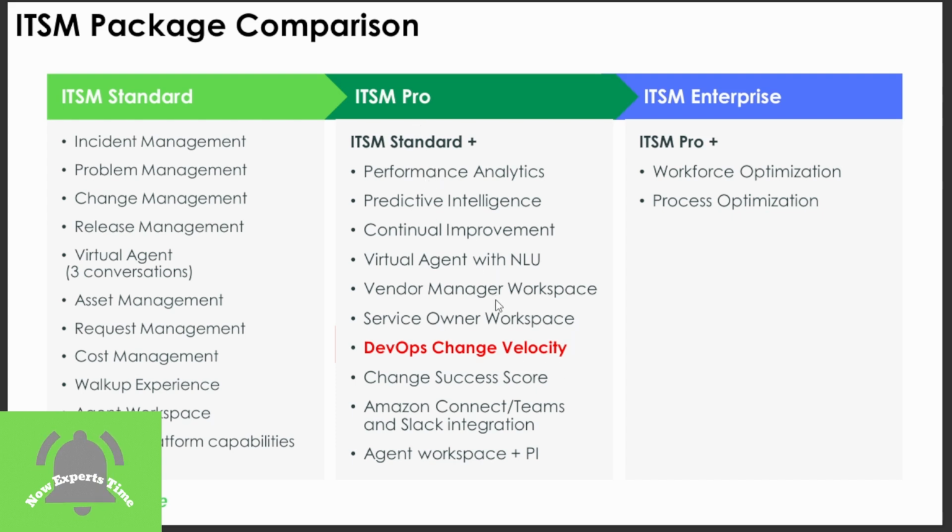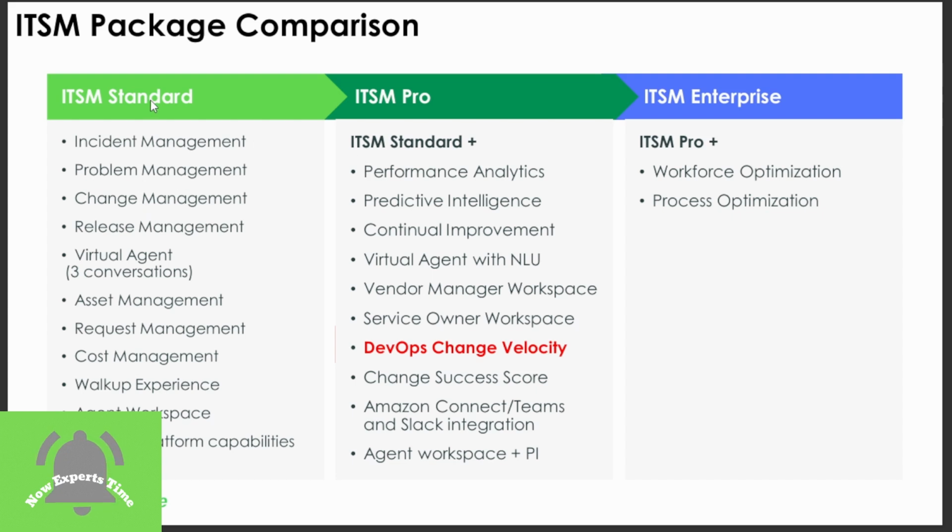The subscription that has that functionality is the ITSM Professional license. ITSM Standard doesn't have DevOps change velocity. ITSM Professional has it, or if you have ITSM Enterprise, then you also have it. These are the items available in your subscription.